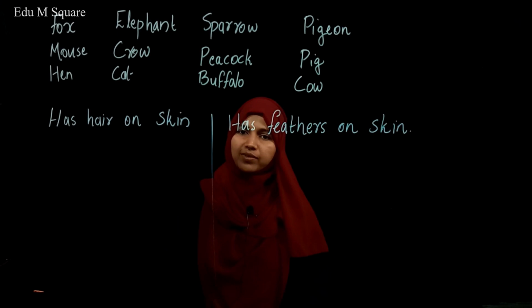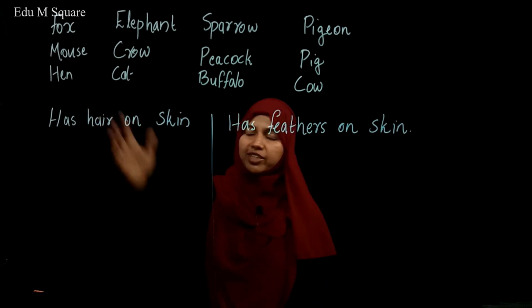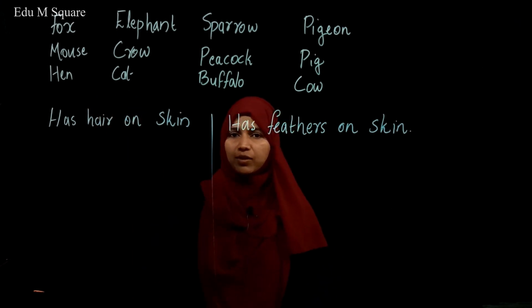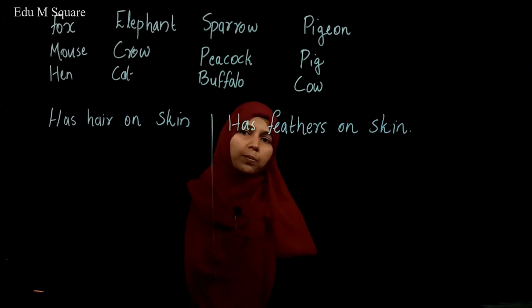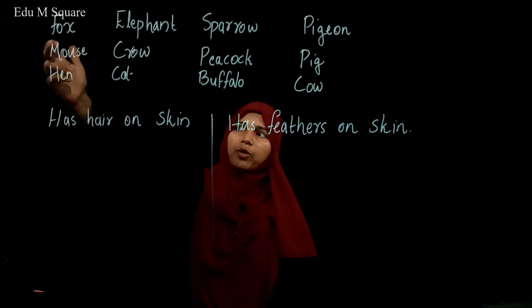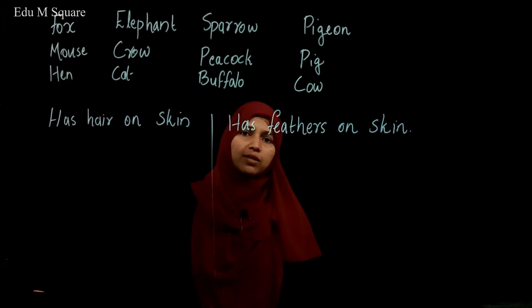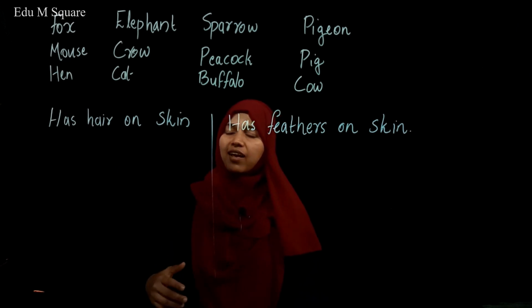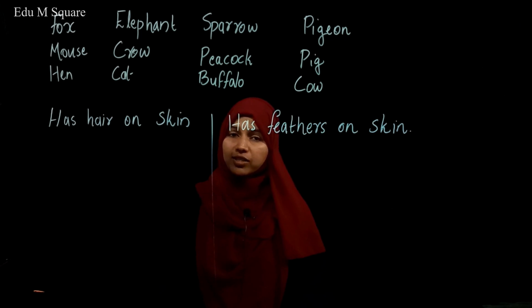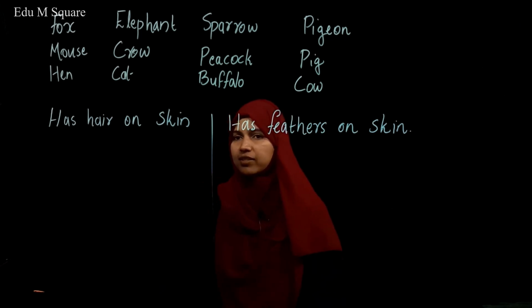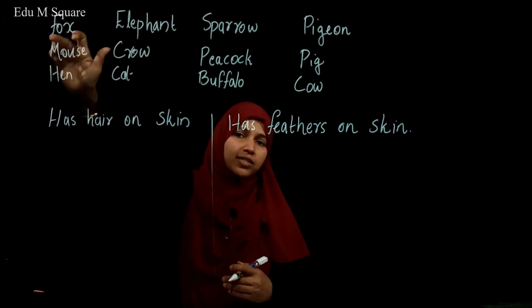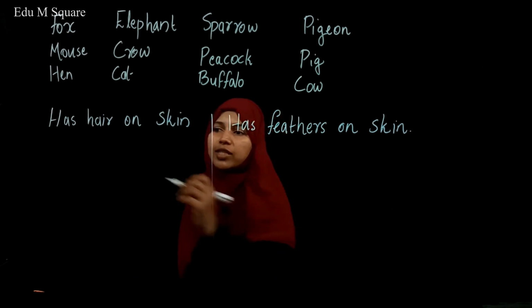Okay. Now let's differentiate these animals under this column. What about the fox? Did you see a fox? Does it have hair on its skin? Yes, the fox has hair on its skin.